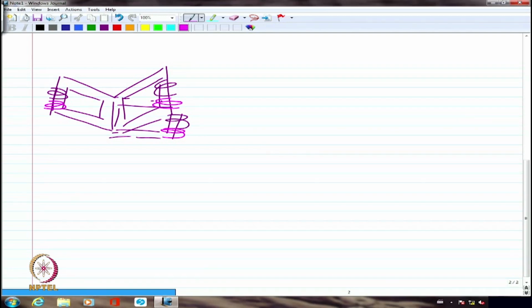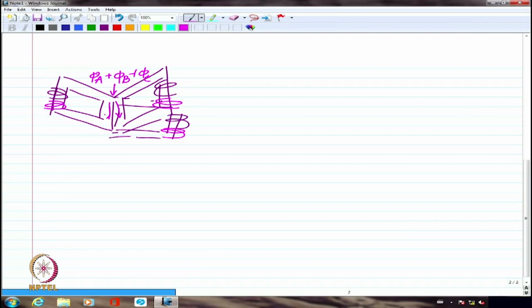Okay? Now if I look at what is happening in this branch, it will be the summation of all the three fluxes, phi A plus phi B plus phi C. So I have in the middle limb phi A plus phi B plus phi C as the total flux passing through the middle limb, because that is probably acting as the return path for all the fluxes which are coming from A phase, B phase and C phase respectively.